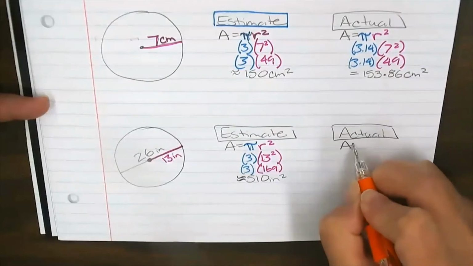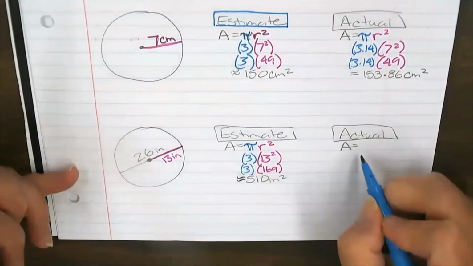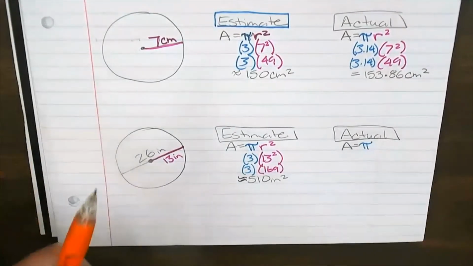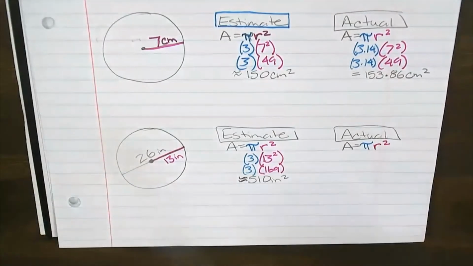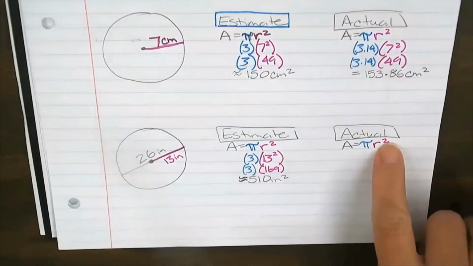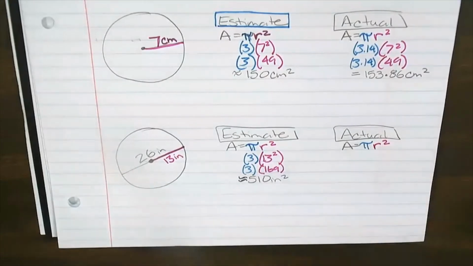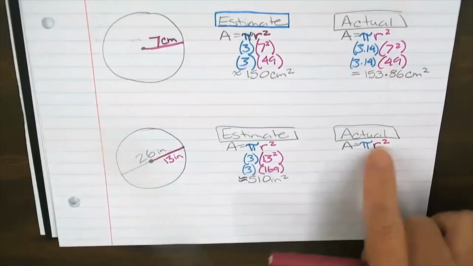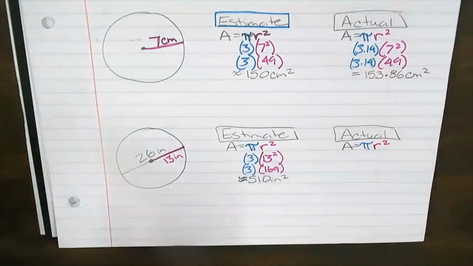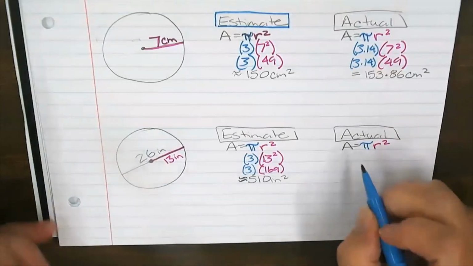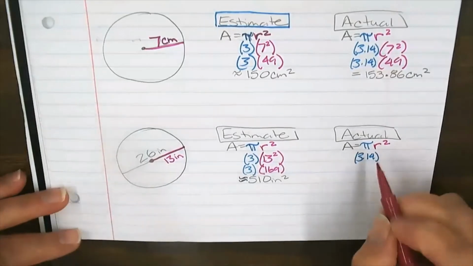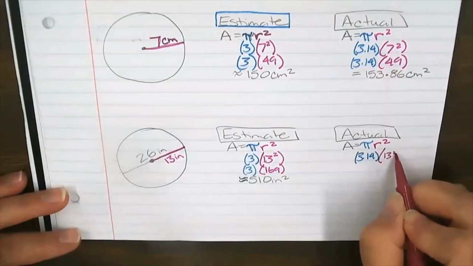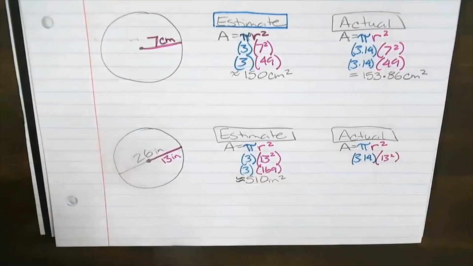So area is equal to pi times radius squared. And remember, the order of operations says we're going to square the radius before we multiply that by pi. So pi is 3.14 times 13 squared.